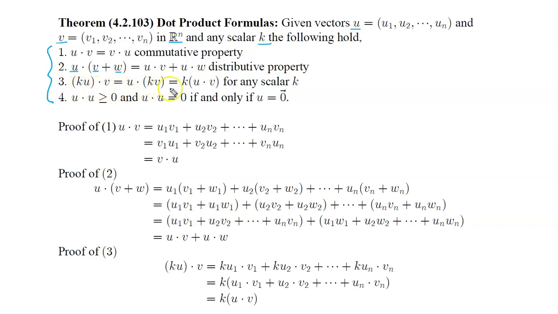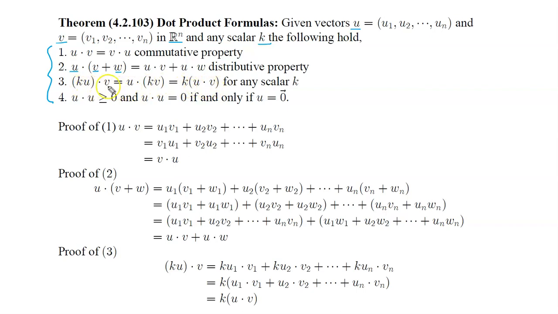And then you have an associative type of property with respect to the scalar k. So k times u, now this means scalar multiplication of k against the vector u, dotted with v equals u dot k times v, or k times u dot v.